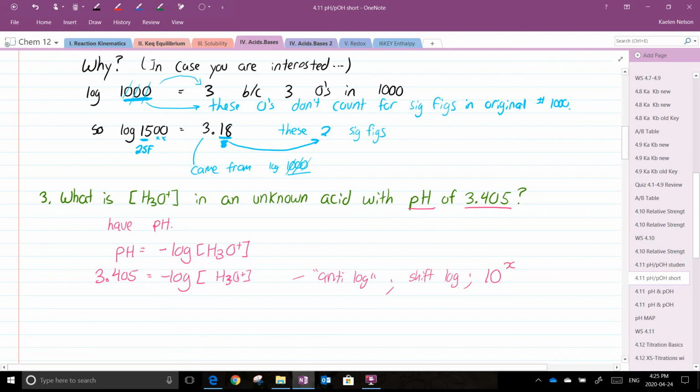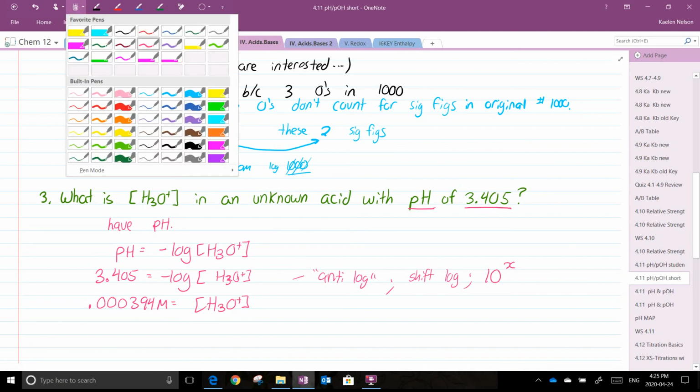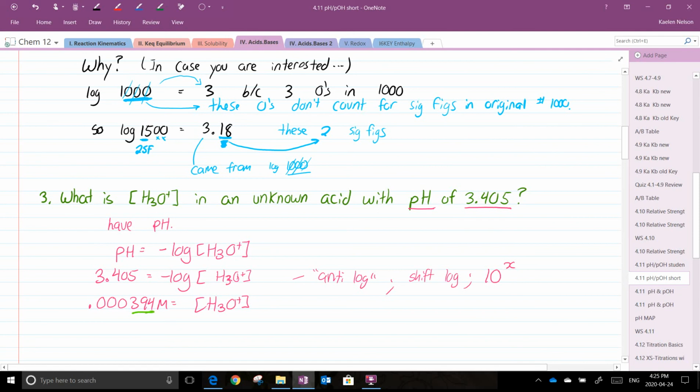So if I type in shift log or anti-log of 3.405, I come out with 0.000394 molar as my concentration of H3O plus. Okay, and in doing so, these are 3 significant figures. Okay, and the reason I've used 3 is up here in my original question, there's 3 sig figs after my decimal.